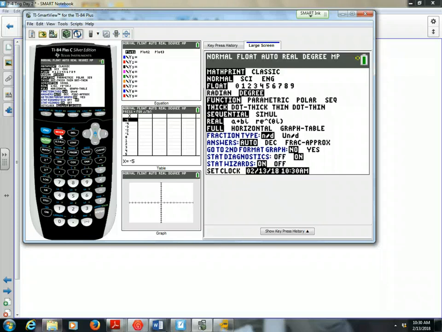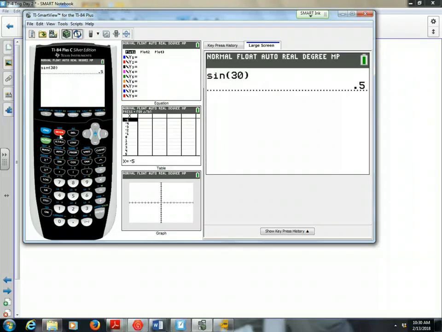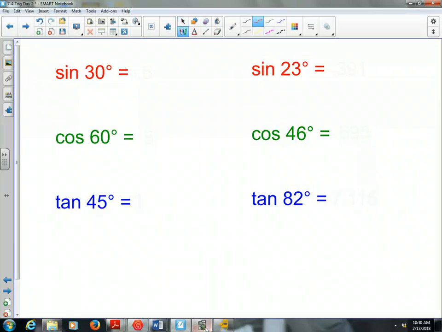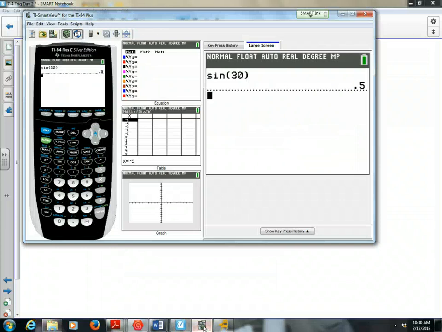Okay? So, again, you could practice this for the other ones. I'll do one more with you, but then you guys can do the rest of them on your own. We can do the cosine of 46 degrees. So in your calculator, you press cosine 46, close the parentheses, enter, and that decimal is 0.6947 if we round to 4 decimal places.